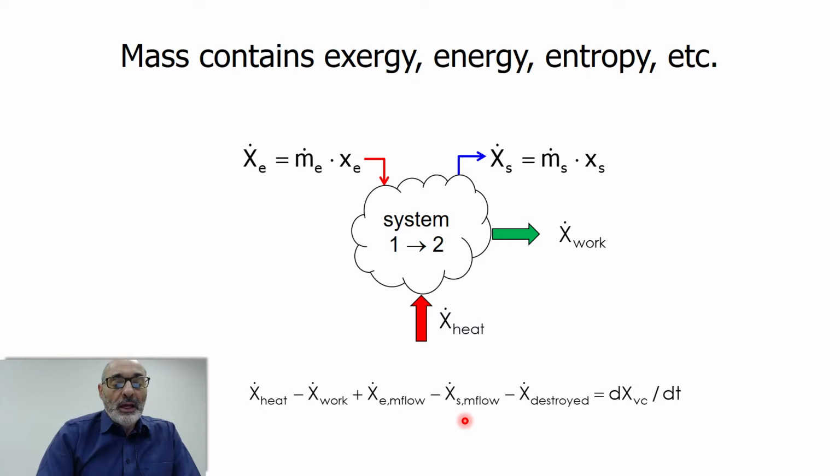We have destruction of exergy, so I'm subtracting, and the sum is equal to the variation of my exergy balance, in my exergy check account. So let's try to write down all these components, because we already know how to calculate them.